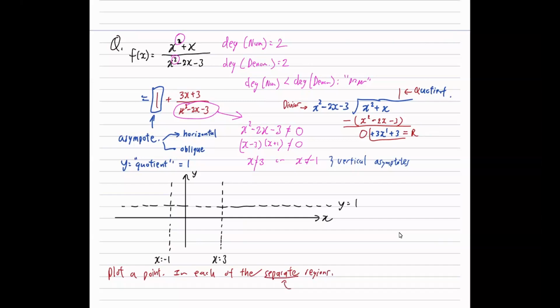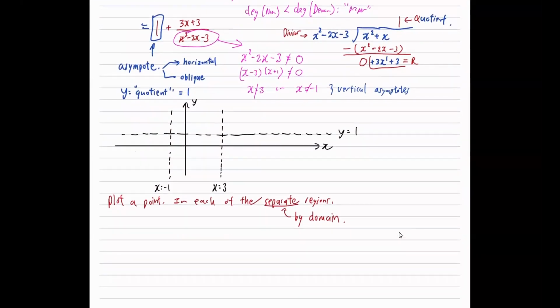By separate regions, I mean separated by the domain. Three. Yes, here, here, and here, correct? Please don't look horizontally, like here and here, then 2 regions. No. We look at the domain. So those that are less than -1, in between -1 to 3, and more than 3.